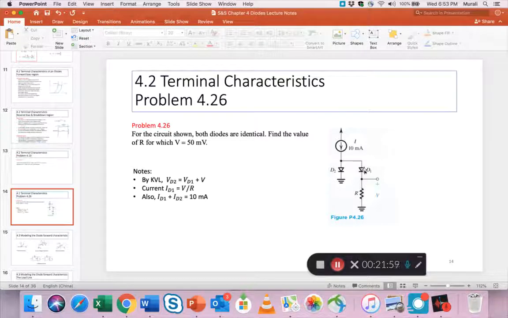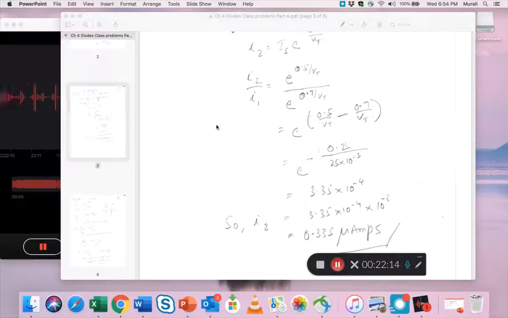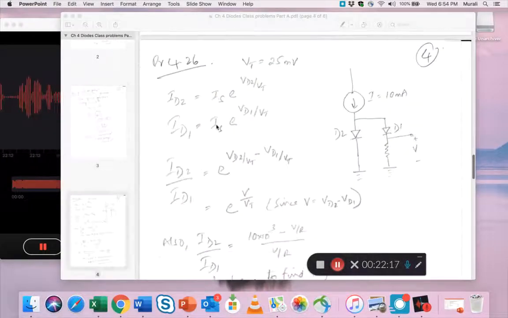That is the current flowing in this diode, because it's in series also. Also, ID1 plus ID2 equals 10 milliamps, the source current. Okay, so with those notes, let me show how I solve problem 426.